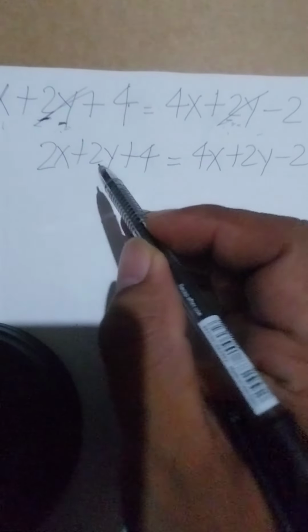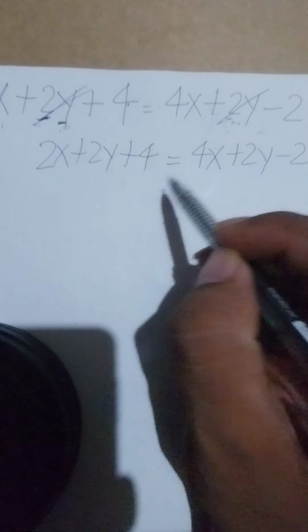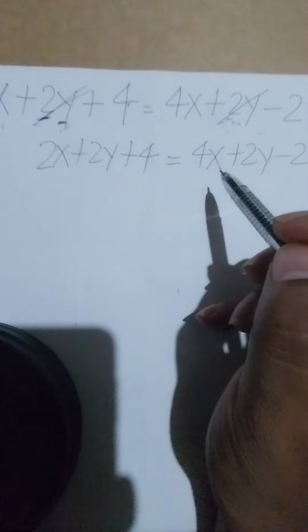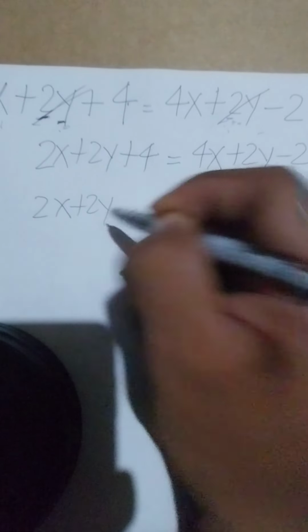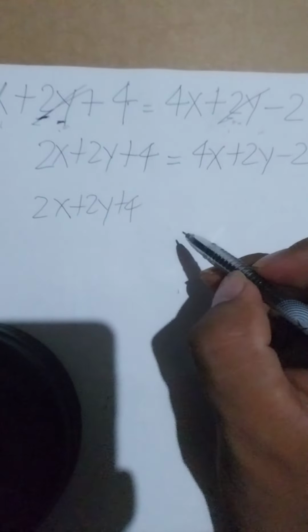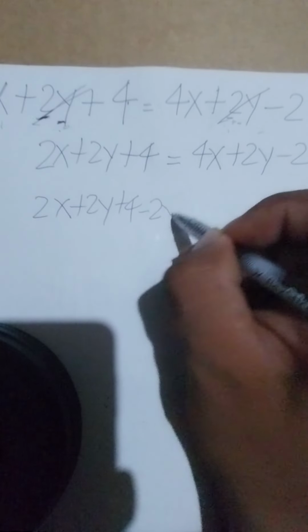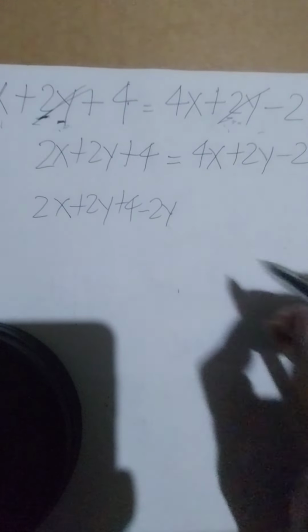Sabi ko kanina, kung anong operation ang gagawin natin dito, kahit multiply ba, kahit times, kahit subtract or whatsoever, yun din ang gagawin natin sa kabila para maging balance. So, in this equation, ang gagawin ko dito, 2x, so just copy this one, plus 4, i-subtract ko siya by 2y. Okay? Doon din sa kabila, kopyahin ko lang to, 4x plus 2y minus 2.